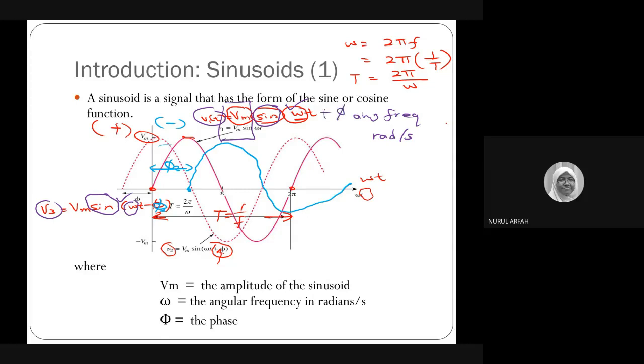So you need to make sure the angular frequency and the sine or cosine are the same. Usually if you want to solve a question, you use cosine. You always use cosine. If the question gives you something like Vm sine omega t, you need to convert it into cosine. How to do that?